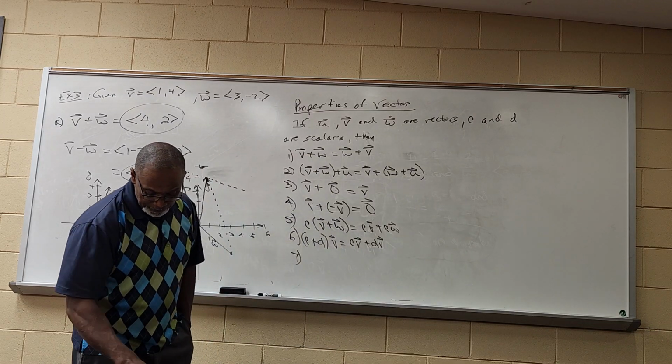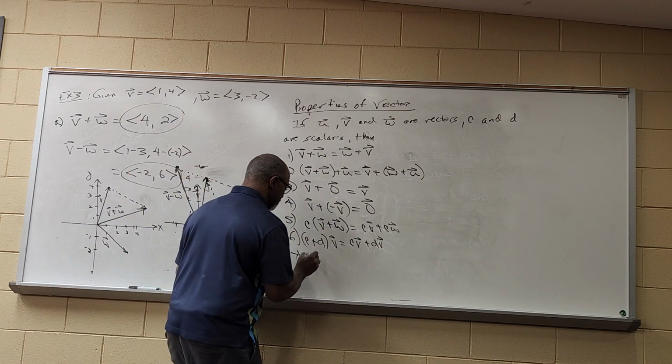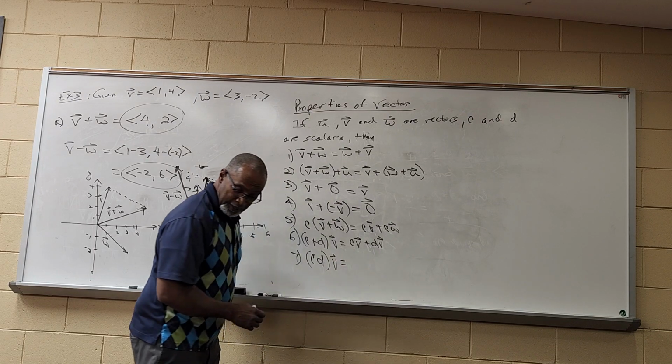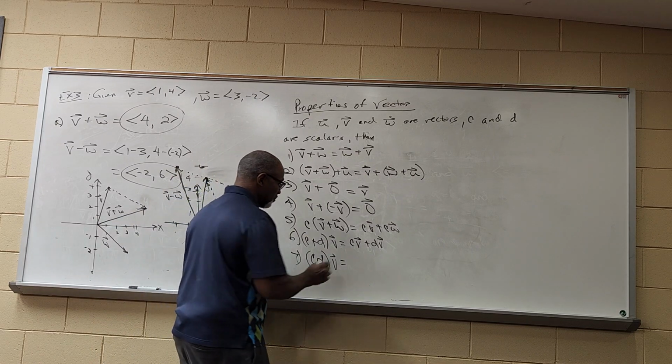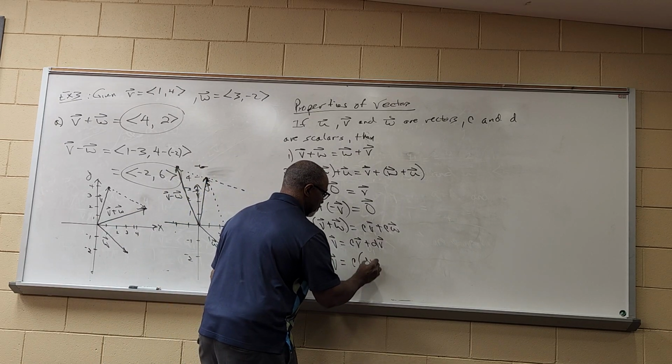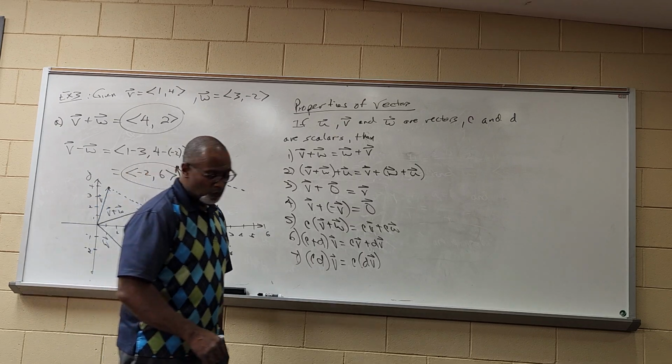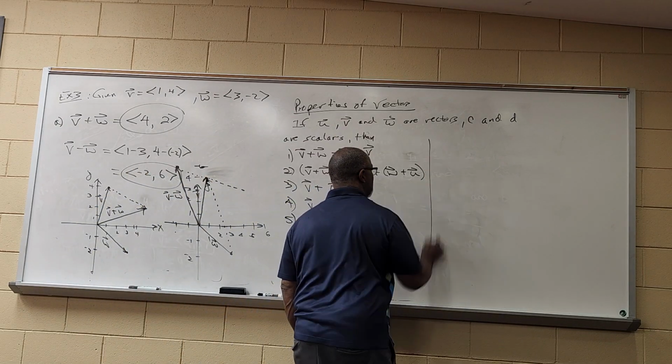Number seven, CD times V is the same thing as C times DV. C and D are scalars. Number eight, 1 times a vector is the vector itself.